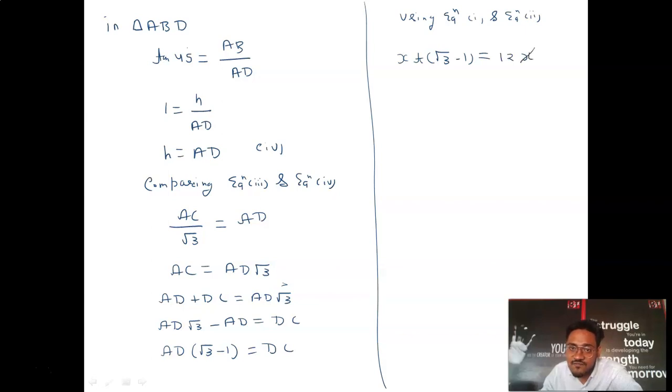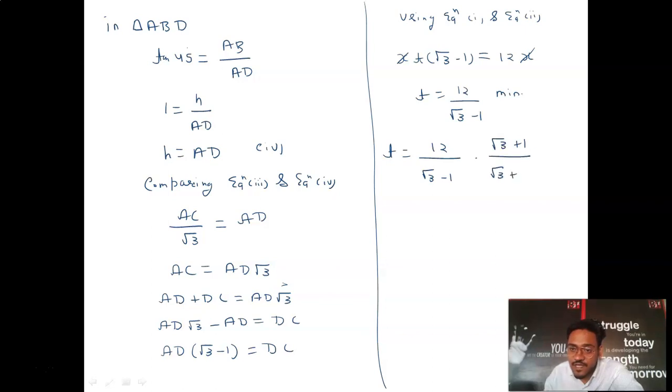Now x will cancel out, and from here I have calculated t as 12 upon root 3 minus 1 in minutes. If I simplify further, rationalization should be there, so I would get the answer after rationalizing.